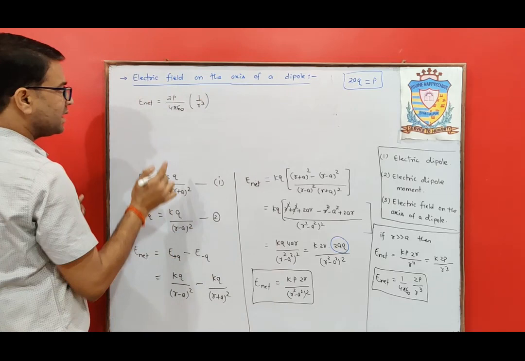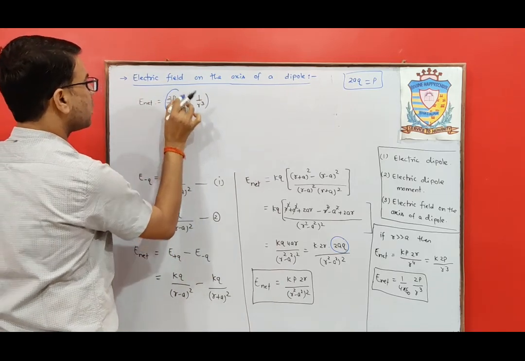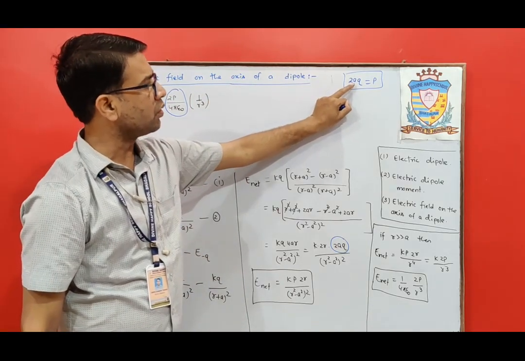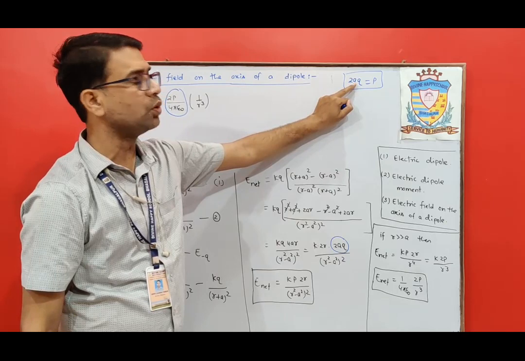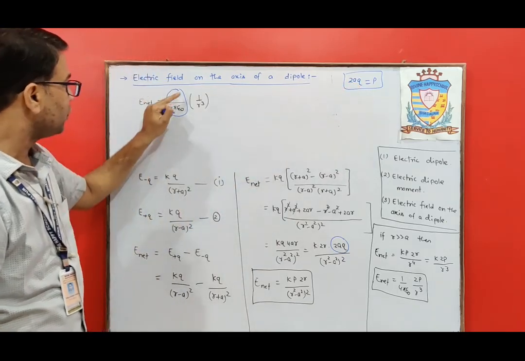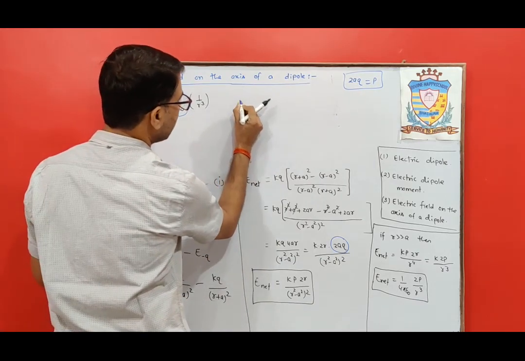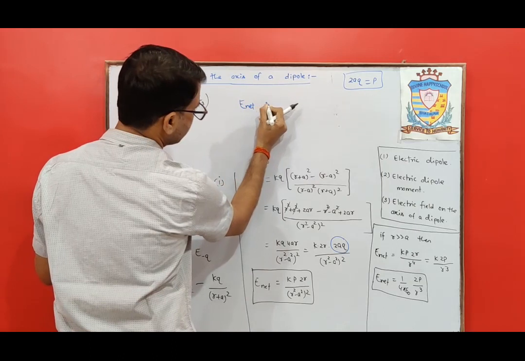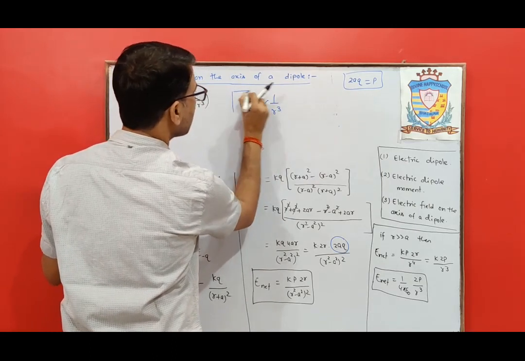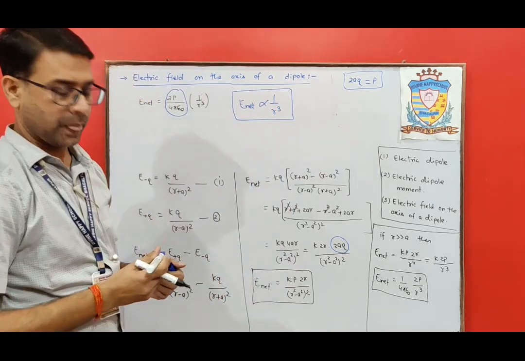From here you can see this whole term is constant. 2 is constant, p is equal to 2aq, which is constant, the distance between the two charges is constant, and the magnitude of either charge is constant. So can we say this E net on the axis of the dipole is inversely proportional to the cube of the distance? Clear?